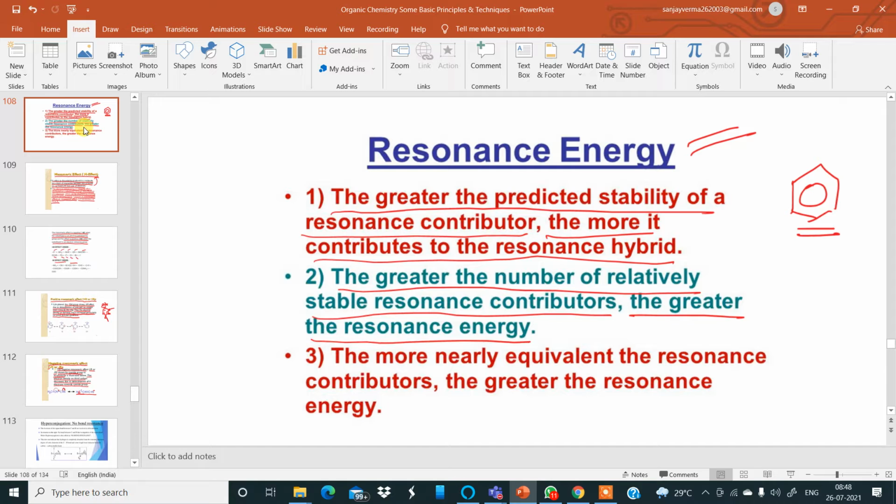Relatively stable resonance, that means the more canonical structures, the better it is. That will add up to the resonance energy. The more nearly equivalent the resonance contributors, the greater the resonance energy. That means if the number of resonance contributors is more, the resonance energy will also be quite remarkable.